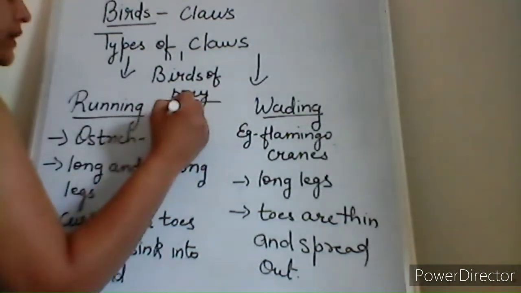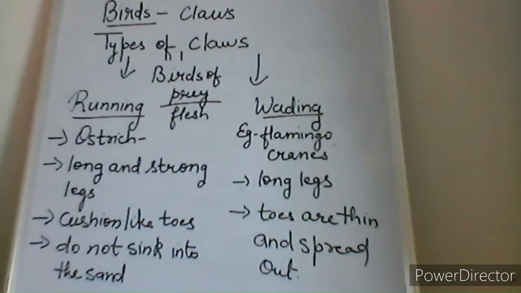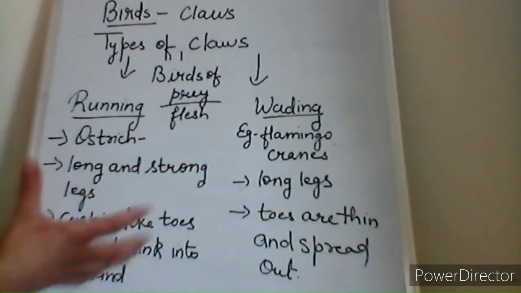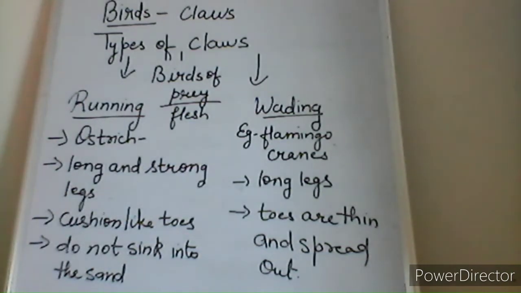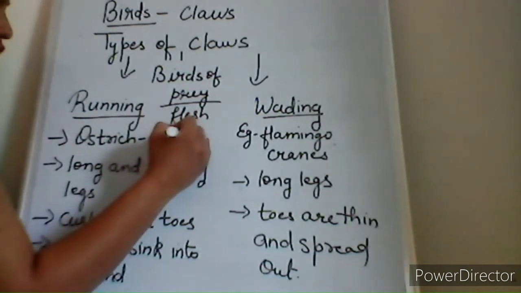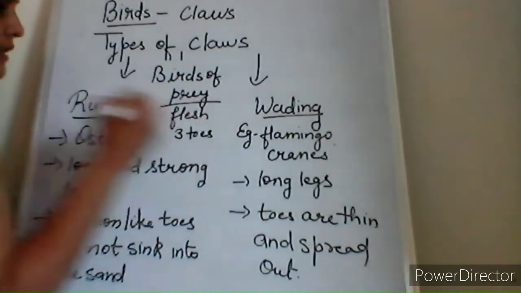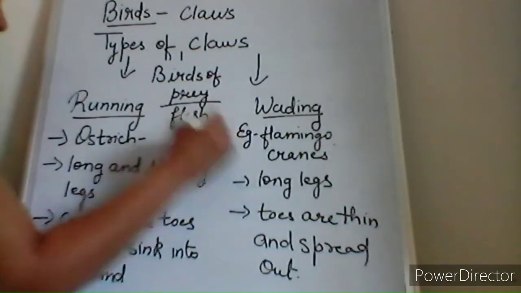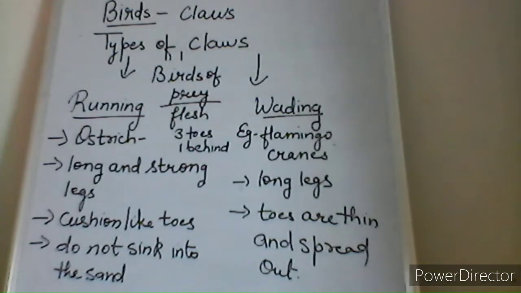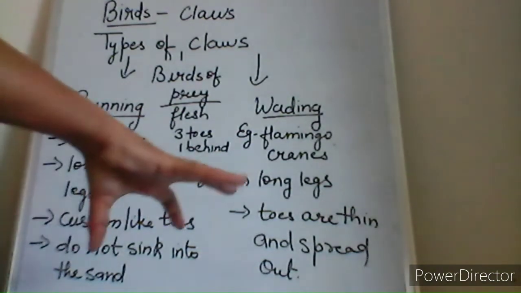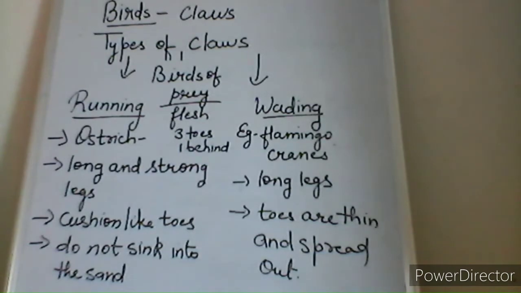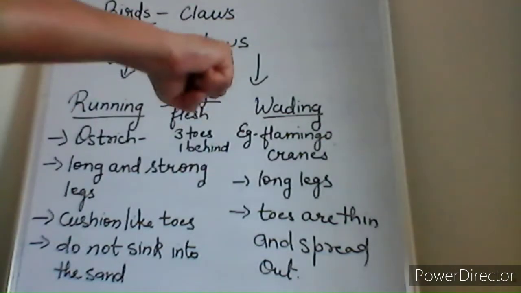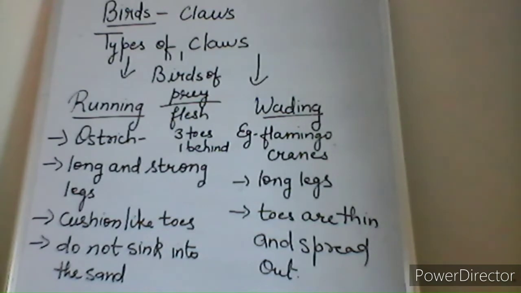These birds have 3 toes in front and 1 behind, and they have sharp, strong claws to grip their prey firmly, so that when they fly, they can hold their prey very tightly. So this was about flesh eating birds.